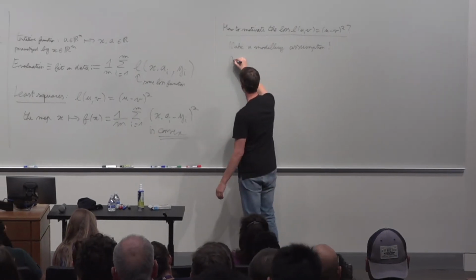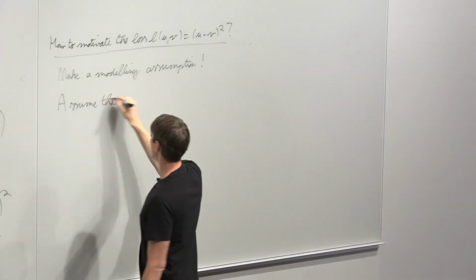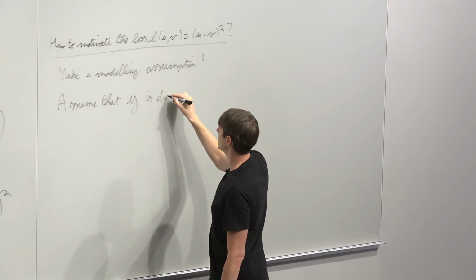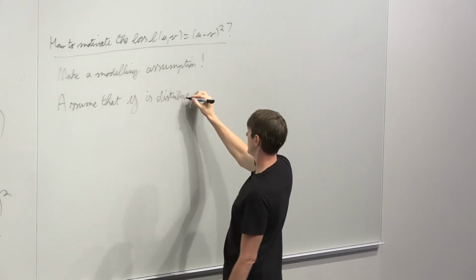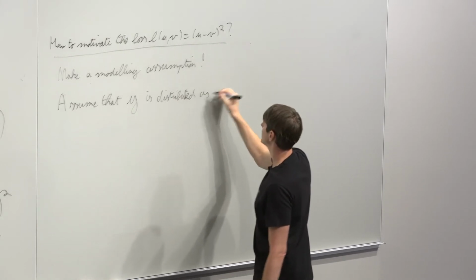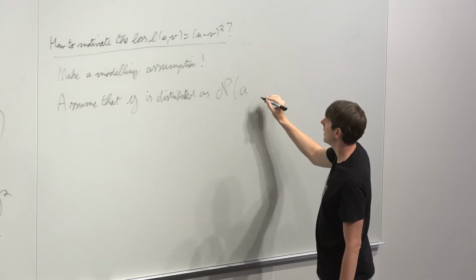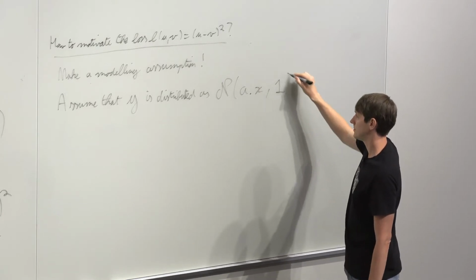So here it comes. Assume that y, the outcome, is distributed as a Gaussian with mean a dot x and with variance 1.